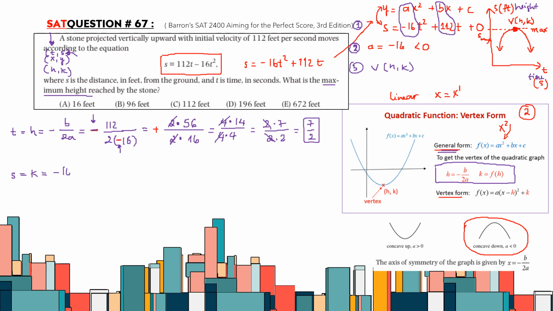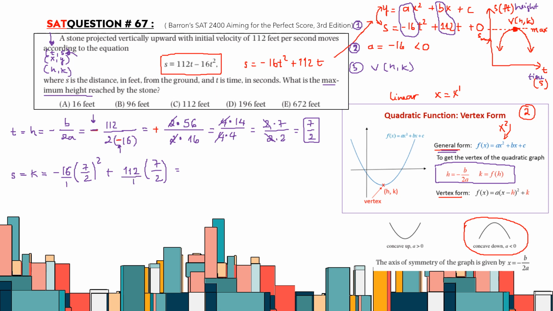So minus 16 times t squared, which is 7 over 2 squared, plus 112 times 7 over 2. Now we will simplify this one. Minus 16 is the same thing as over 1, right?